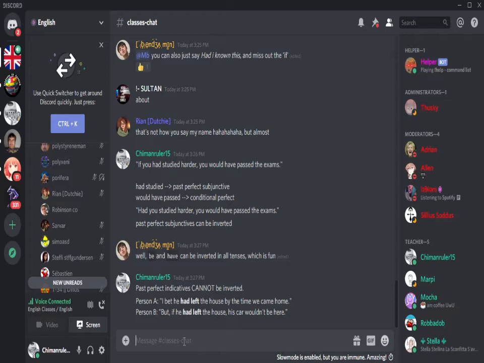So here we're talking about a reality that's assumed to be true. So this is not a past perfect subjunctive, but a past perfect indicative. So you cannot invert the had left in the second sentence. So that's the difference here to keep in mind. So again, past perfect subjunctives can be inverted, but not past perfect indicatives.